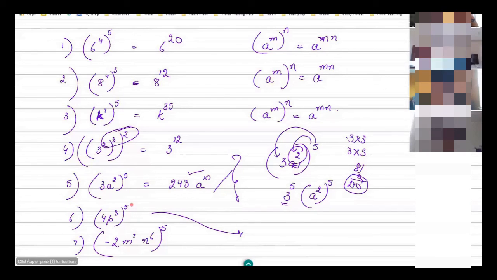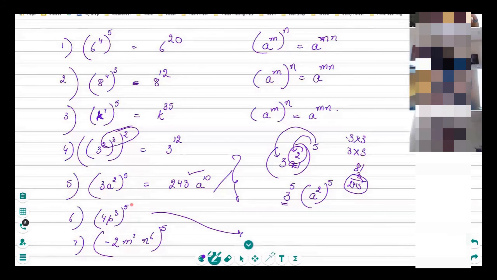Okay, let's do this together. Ishan, 6th one. What have you got? For that also you must have done the wrong thing. Basically, you all must have done wrong because you were not applying the right concept. Rikshwet, what is your answer? 1024 p^15.